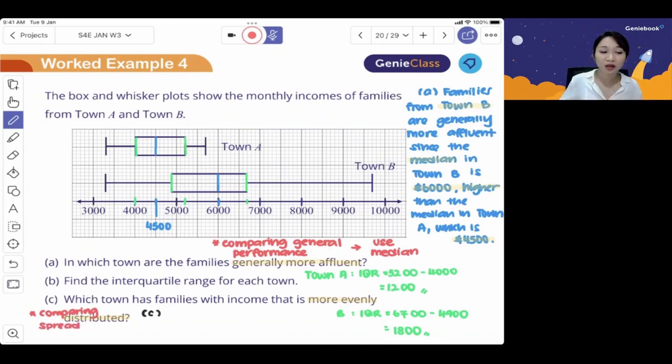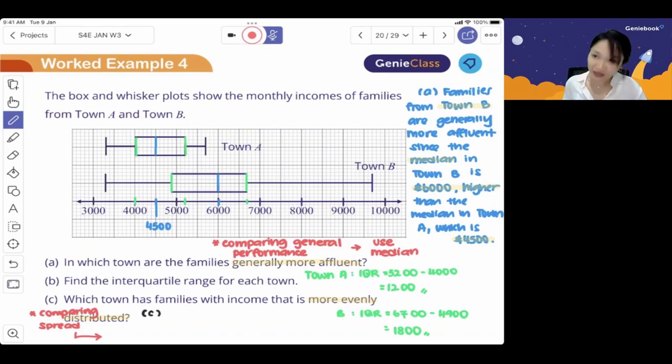So when we are comparing the spread of two sets of data, what will we use as our mode of measure? Which of our five key values will we be comparing? Any clues? Any guesses?